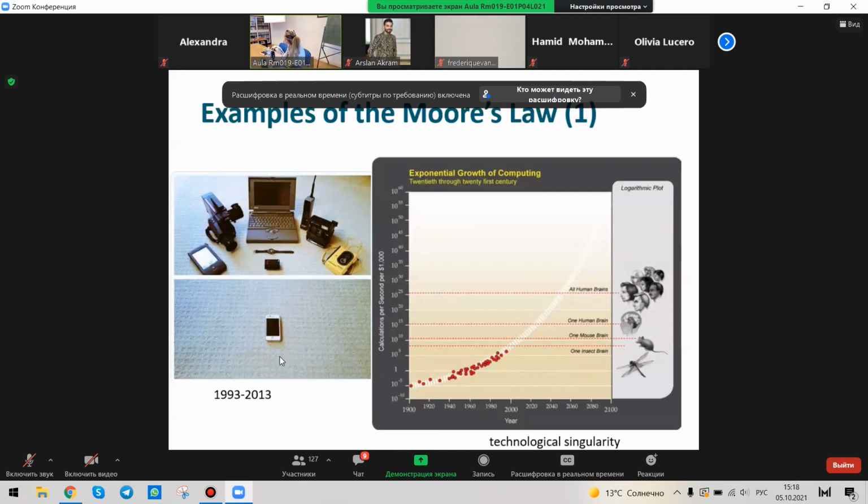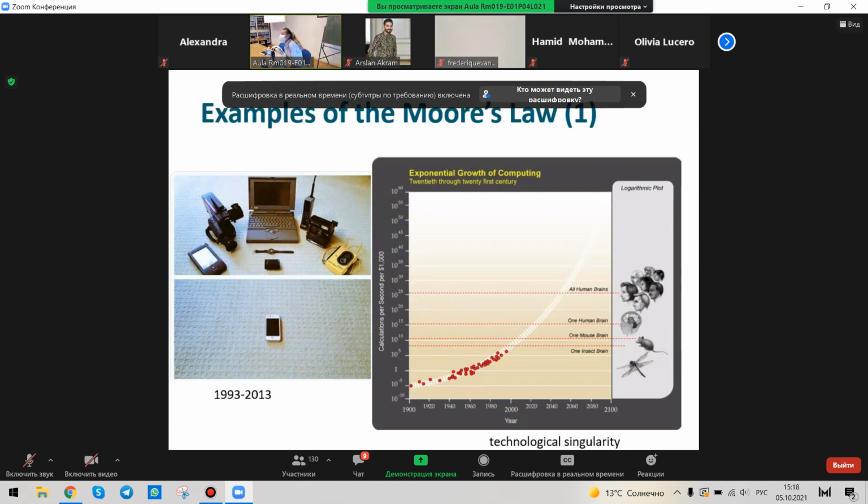This phenomenon is also called the technological convergence. That is the phenomenon according to which the three main devices, that is the personal computer, the television, and the telephone, just converge within one single technological product that is the smartphone.